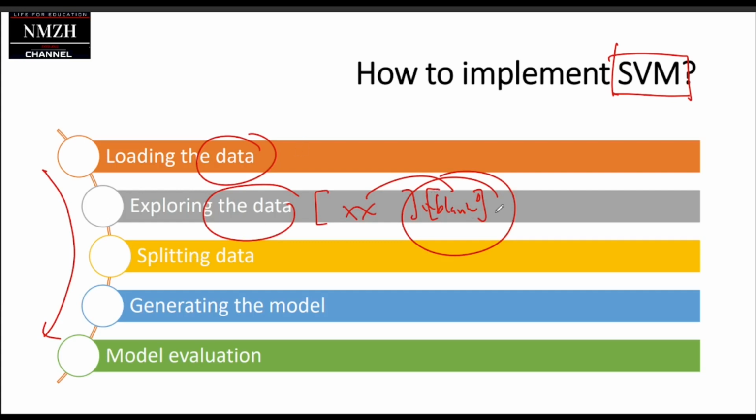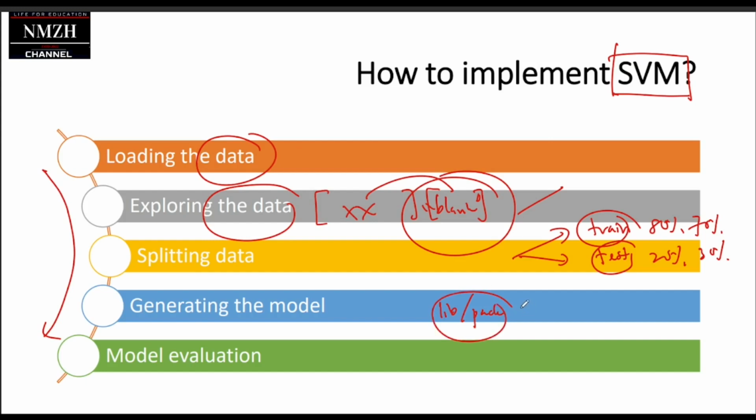Okay, and then we should split them. For example, train and test, we must have 80% and 20%, or some stories say 70% and 30%. Okay, it depends. After we split the data, we try to generate the model using the library and packages prepared by open source.